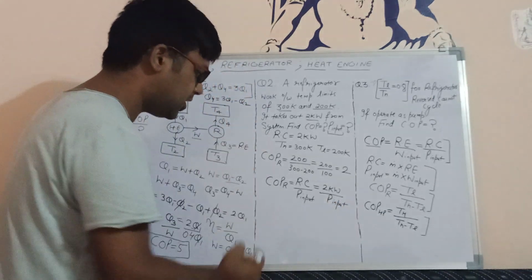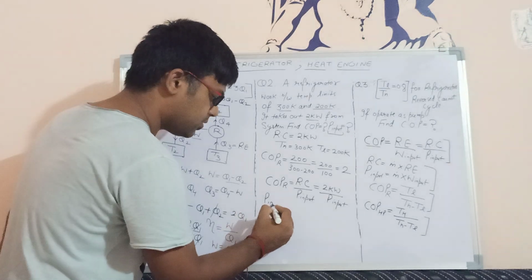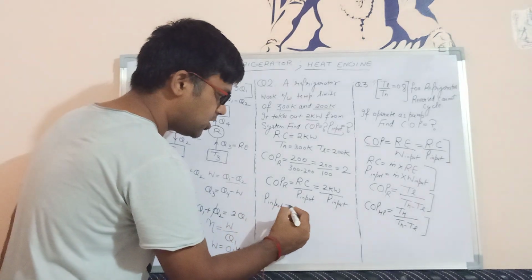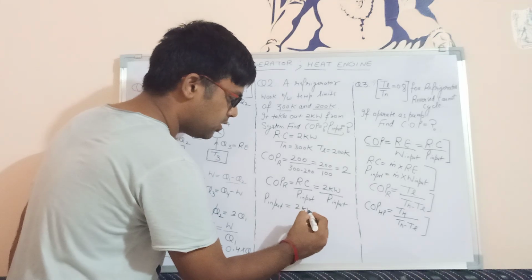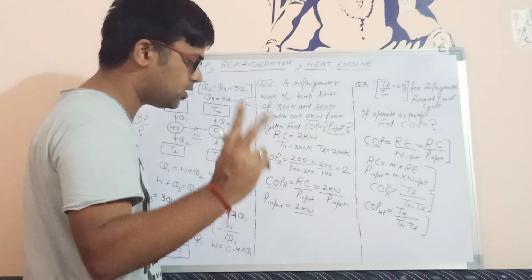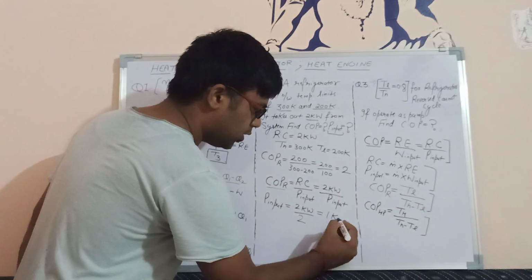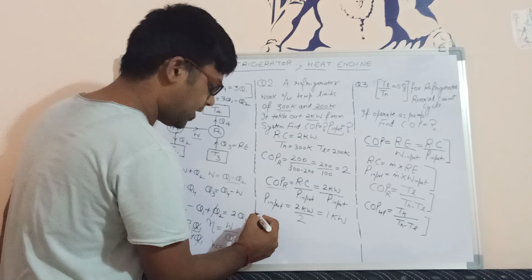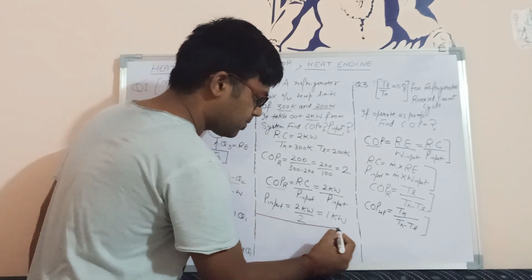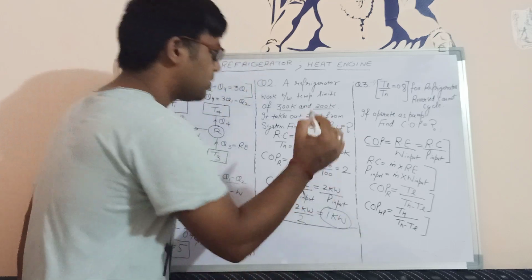COP is 2. So power input will be equal to 2 kilowatt upon COP of the refrigerator, which is 2. So this will be equal to 1 kilowatt. This is my answer, that power input of the system is 1 kilowatt.